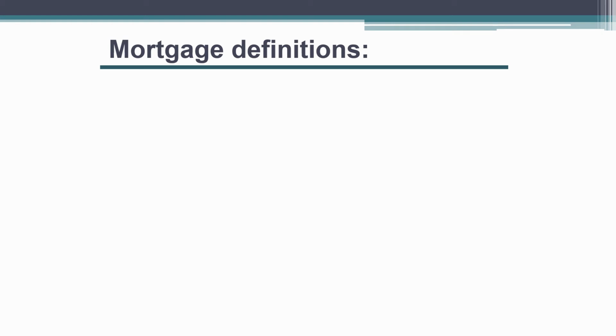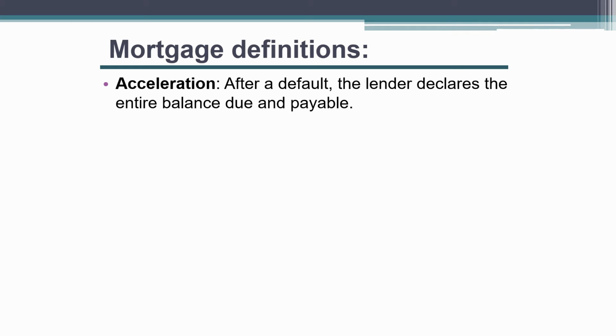Now, here are some definitions that are important in mortgage law. The first is acceleration, and as we've already said, an acceleration means that the lender declares the entire balance of the loan due and payable.